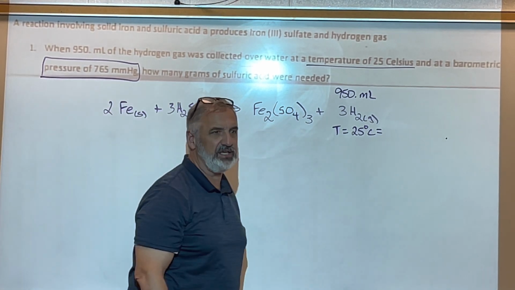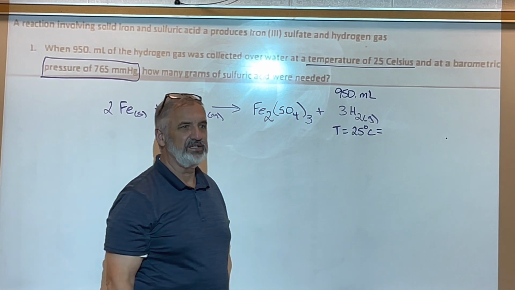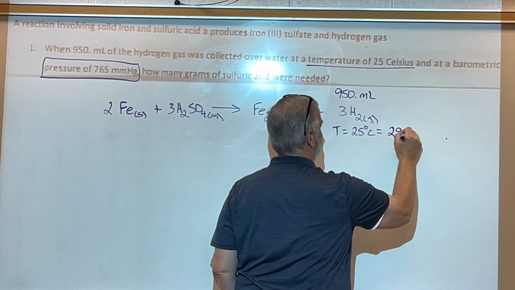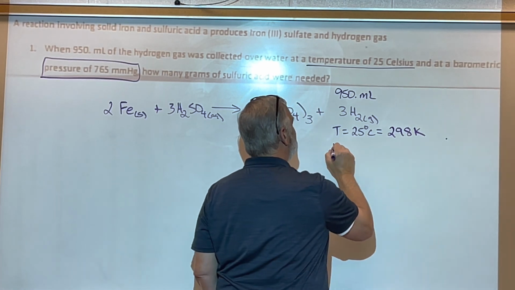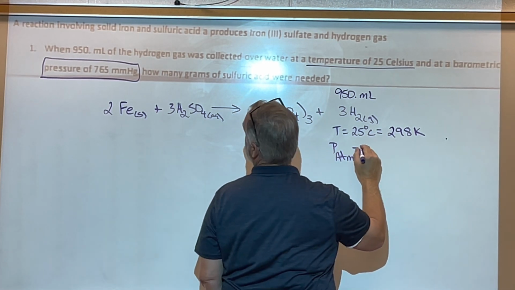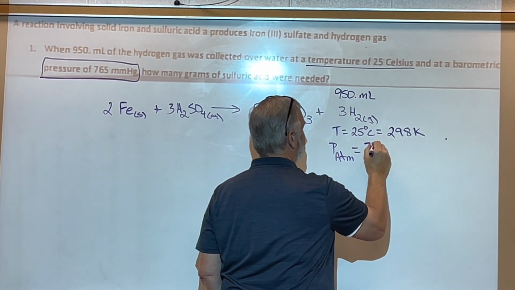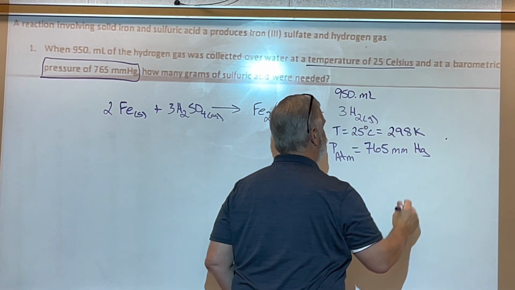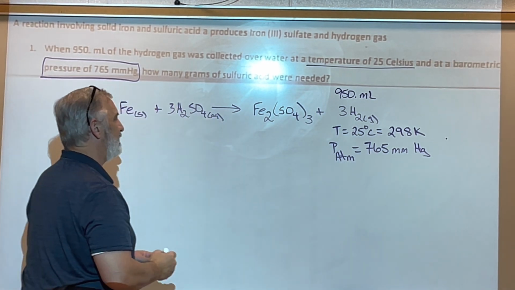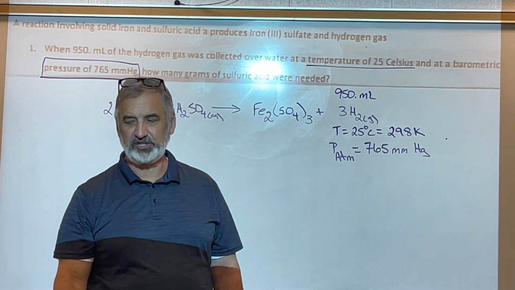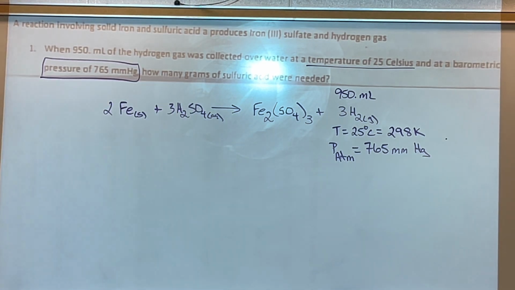So that's going to be 298. But now it says the pressure of the atmosphere is equal to 765 millimeters of mercury. Now, why do we want the pressure of the atmosphere?